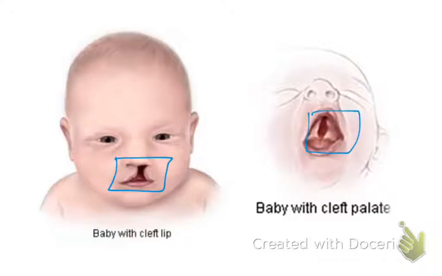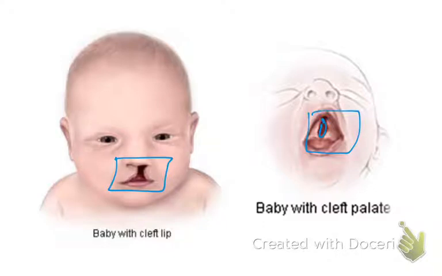Now imagine a baby trying to suck milk. The milk can go through here, and the patient can develop infections and other problems, because there is this communication, this opening. So this is a cleft palate.